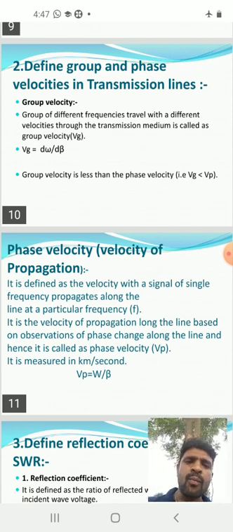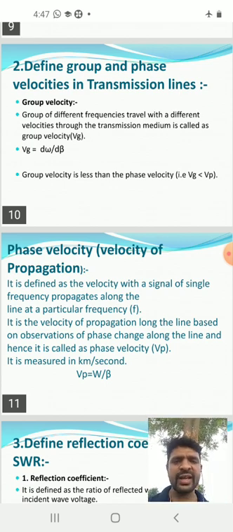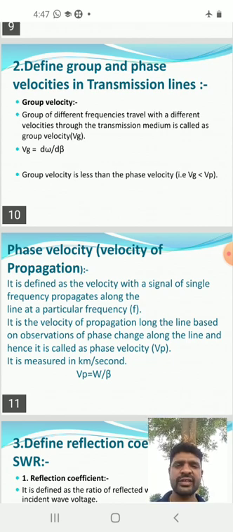That means a group of waves travels in a transmission line. It is denoted by Vg. Vg equal to dw by d beta. Group velocity is less than the phase velocity. That is, Vg less than Vp always.